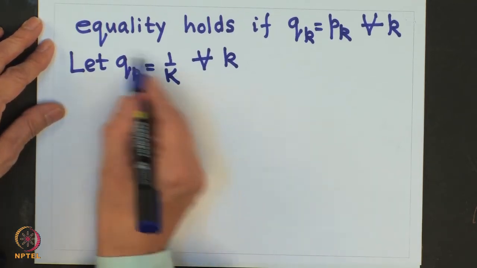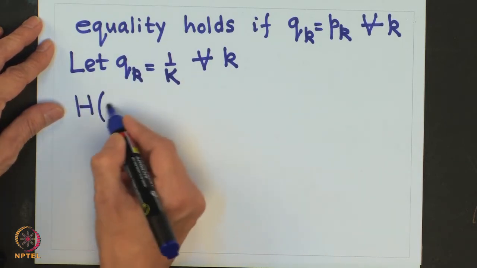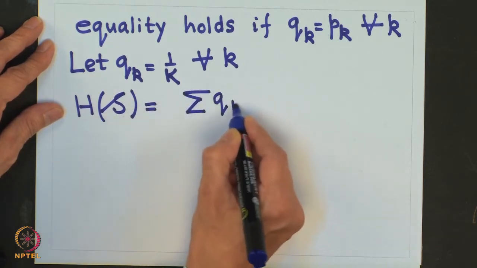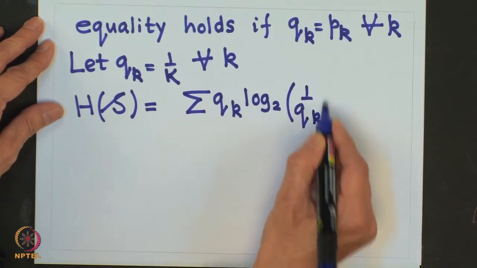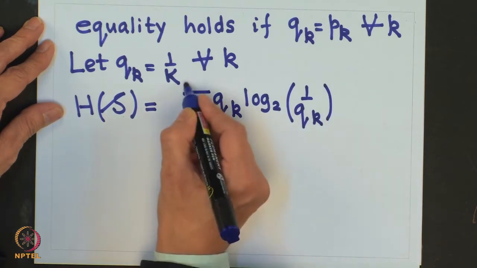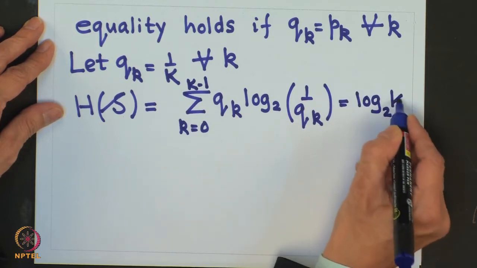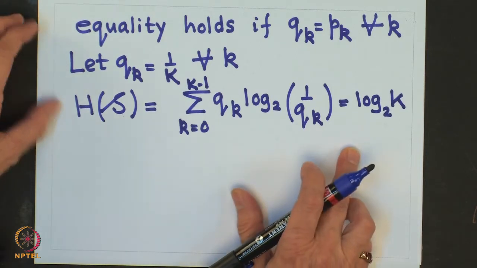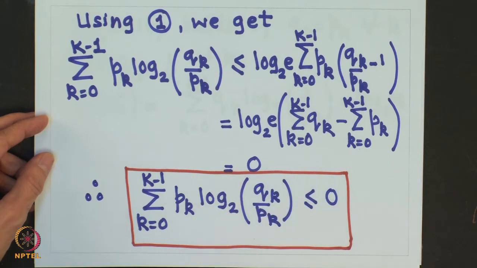If we do that, then for this probability distribution over the source alphabet, we will get the entropy of the source equal to log to the base 2 of K. So, what it means is that this relationship is always valid provided the conditions on qk and pk are satisfied.